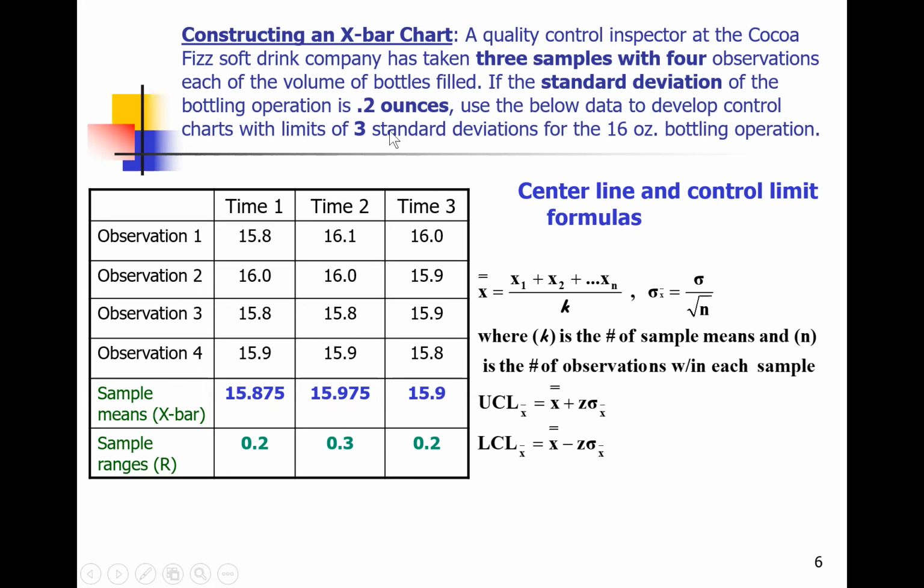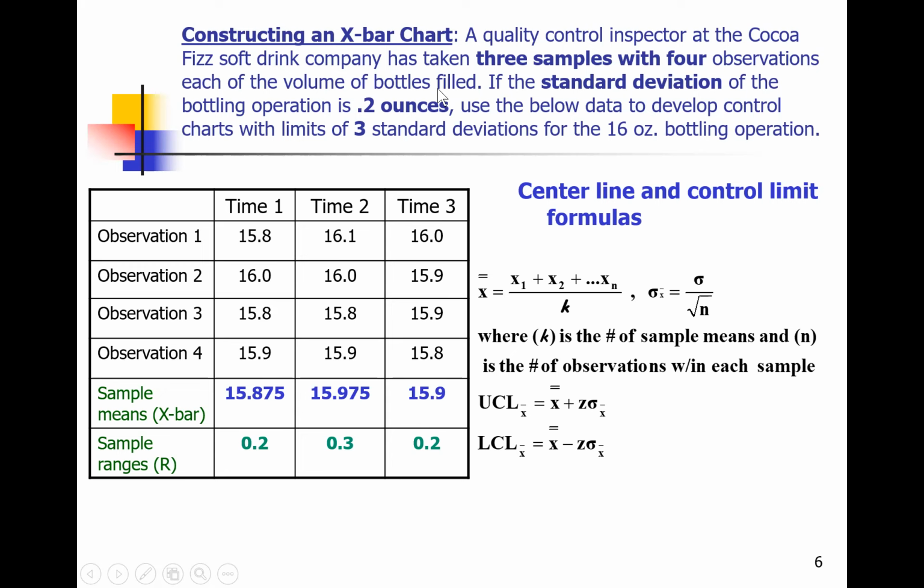Constructing an X bar chart: a quality control inspector at the Coca-Cola soft drink company has taken 3 samples, 1, 2, and 3, with 4 observations in each sample.